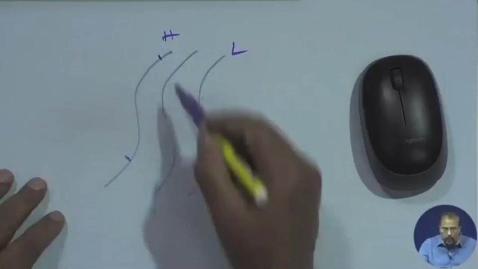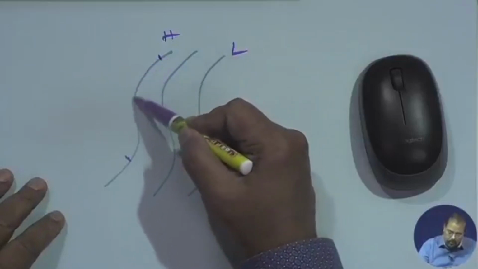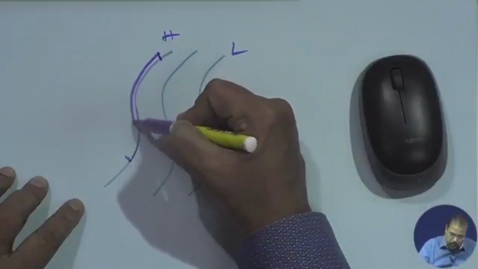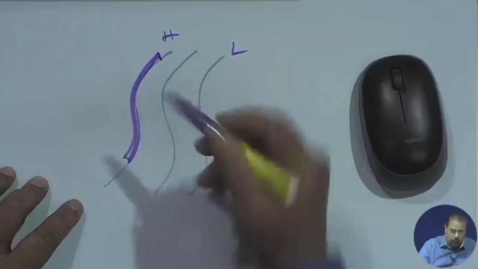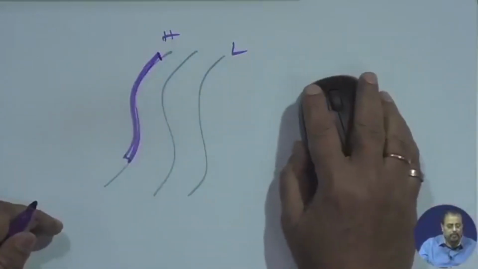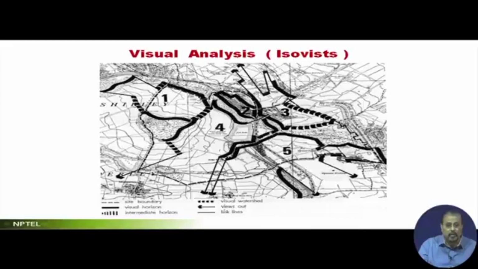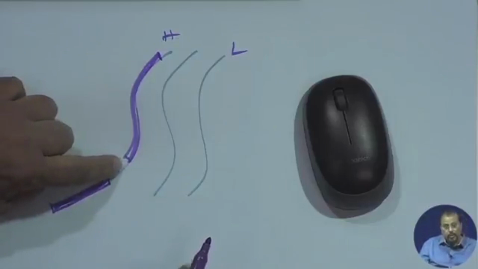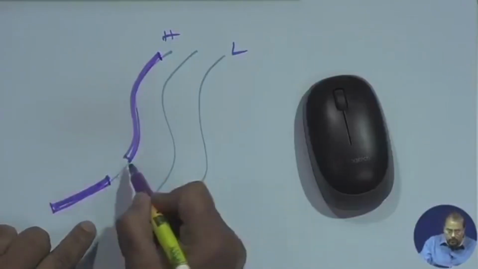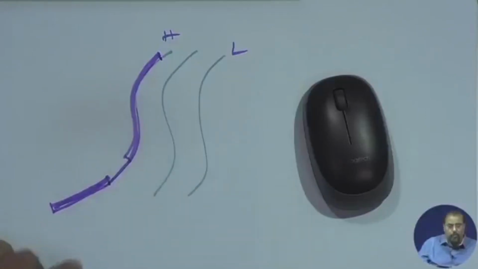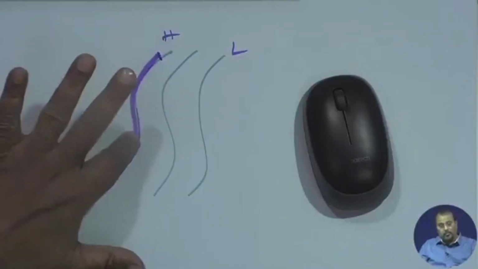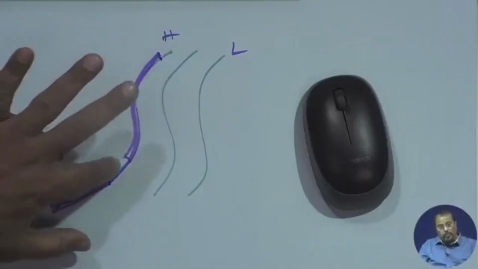If you travel from here to here at the same elevation and you still continue to see that good view, then this stretch is called visual horizon, which in this map is this thick line. If from here the view potential starts again, but along the same contour line this does not offer any view potential, then a thin line is drawn, and this is called a link line. So a visual horizon, and the next visual horizon, linked with a link line.